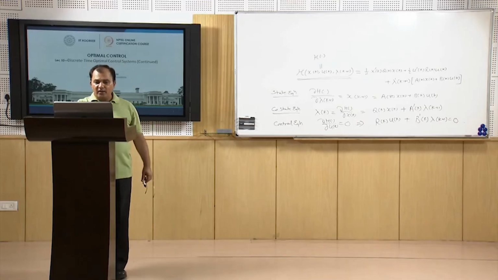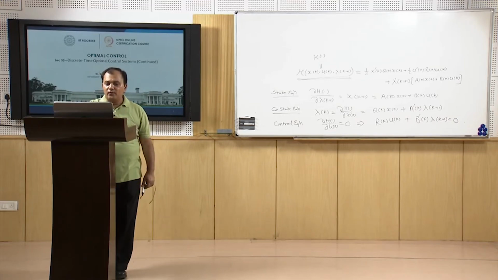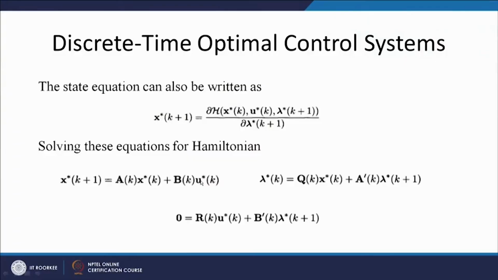So, I get my state equation as x star k plus 1 as A k x k plus B k u k, my co-state equation as lambda star k as Q k x k plus A prime k lambda k plus 1, and control equation is R k u k plus B prime k lambda k plus 1 equal to 0.